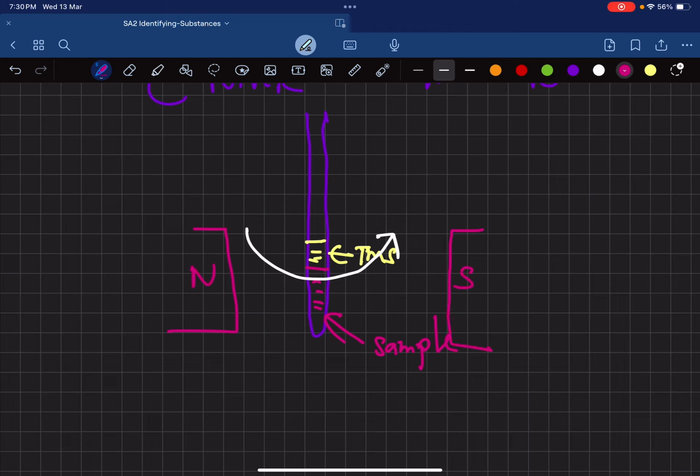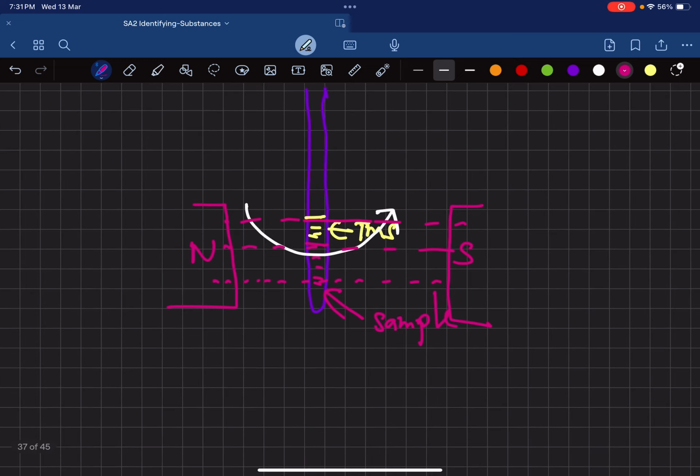When the electromagnet is turned on, the flux goes usually from north to south. So now you have protons producing a magnetic field, placed in an external magnetic field, like magnet versus magnet.